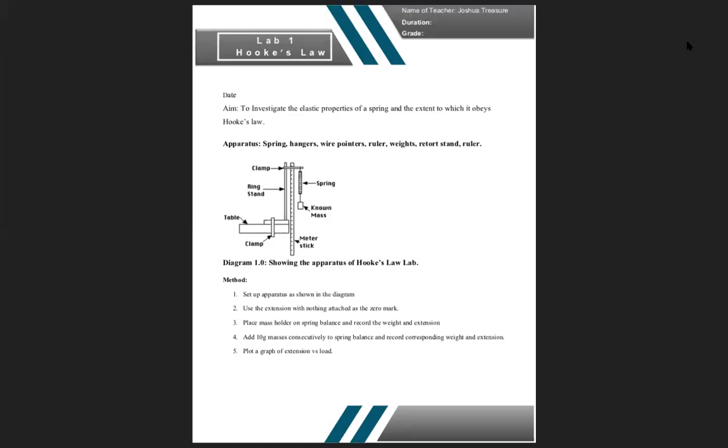Did we plot graphs during the lab? Some of the methods told you to plot a graph.